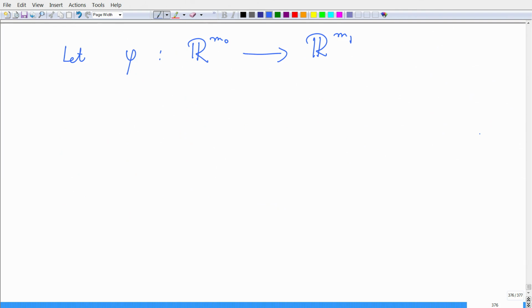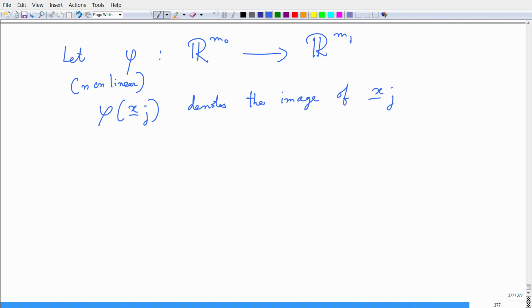So, phi is this transformation which is non-linear, and phi of xj basically denotes the image of this vector xj induced in the feature space by the nonlinear map phi.